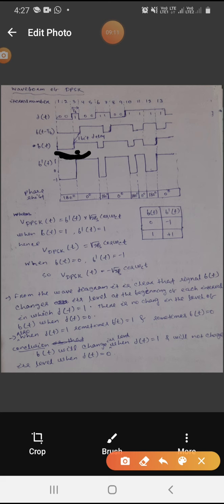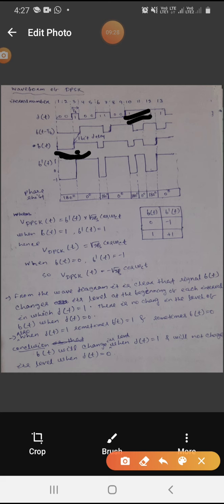And similarly see the block diagram once again. I am talking about interval number 10 at this point. Here also compare dt and Bt.